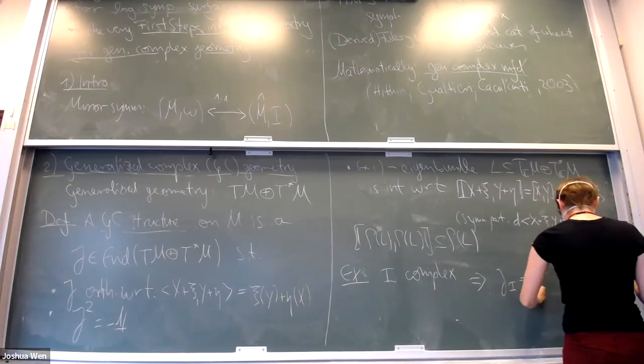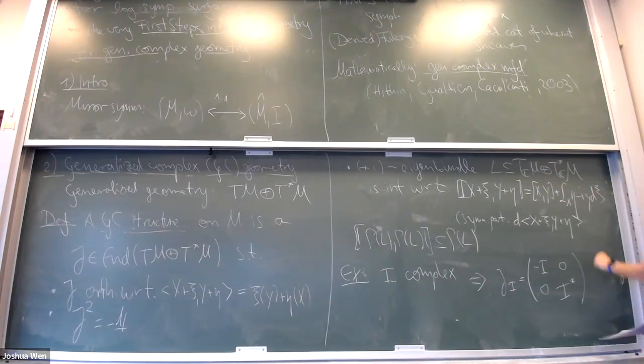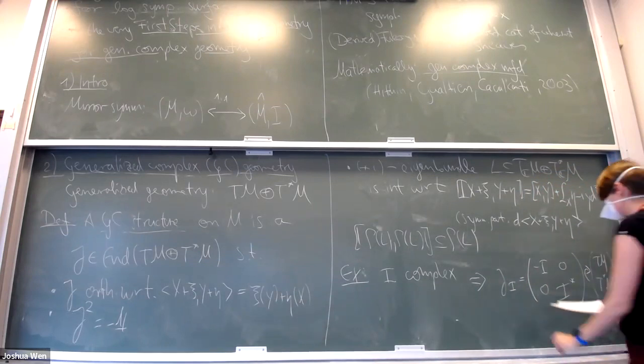So if I write a block matrix like so, where you imagine this block matrix acting on TM plus T star M like this, then this is generalized complex.